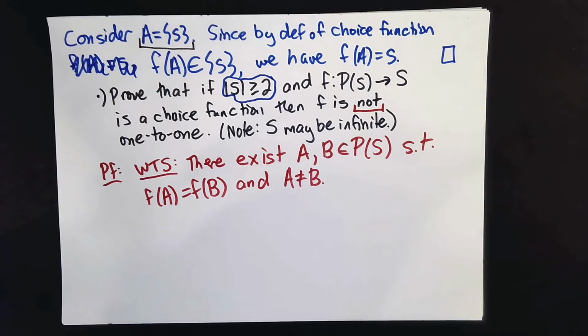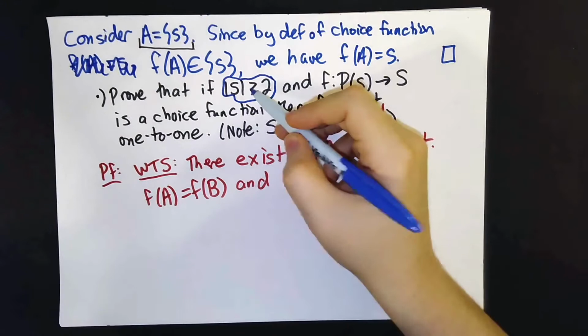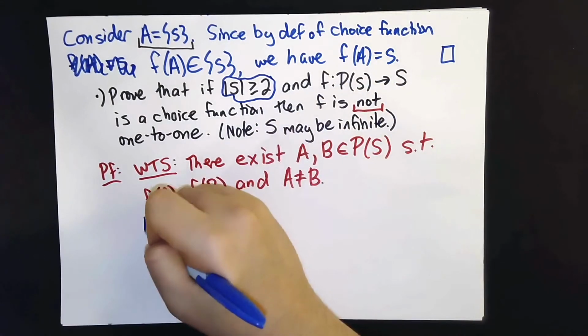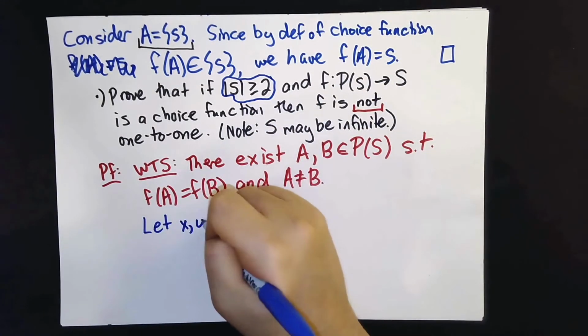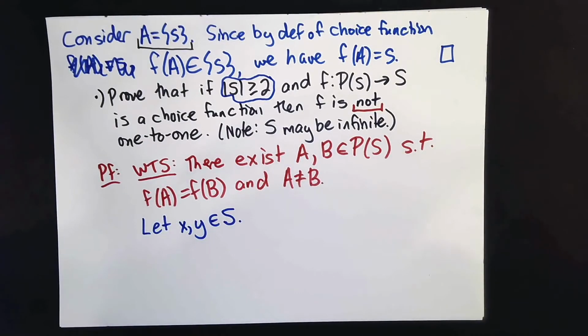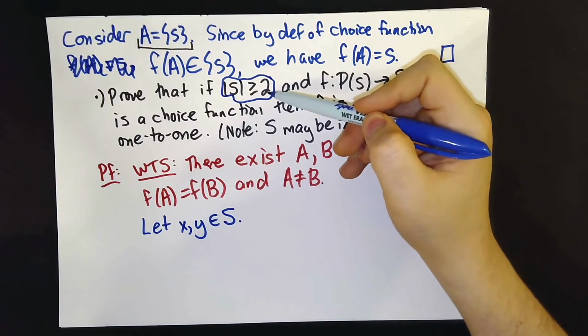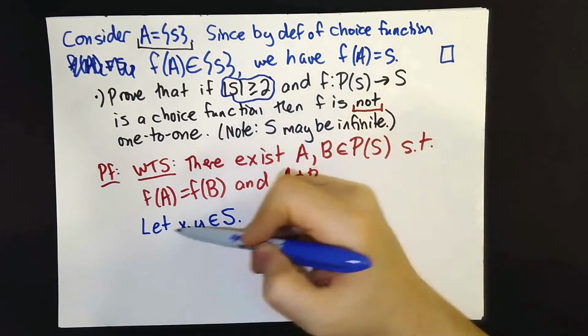Why is this here? Well, it must be here because our proof is meant to involve writing down 2 elements. So I'm going to start my proof by saying, let x and y be elements of S. Now, I'm only doing that because I don't think this would be here in the statement of the problem if I wasn't supposed to do that.